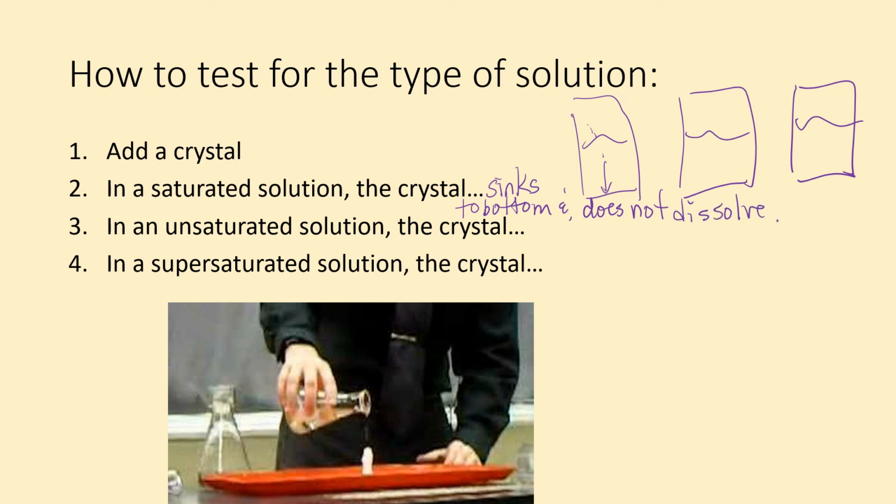Okay, in an unsaturated solution, one crystal, you put it in, and then guess what? It disappears. Okay, in an unsaturated solution, that crystal that you put in dissolves. So you know it was unsaturated because it took one. In a supersaturated solution, you put that one crystal in, and then all of a sudden, a bunch of precipitate forms.